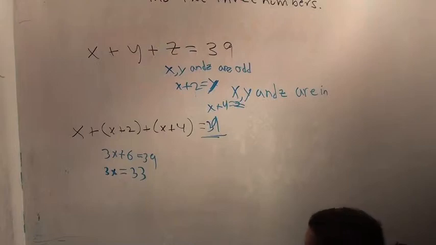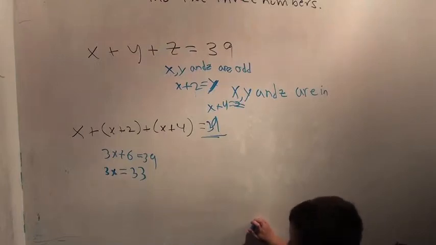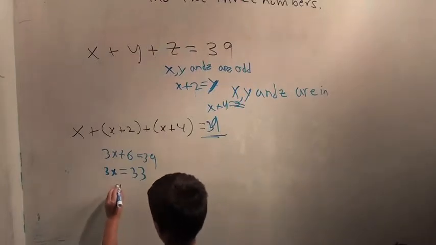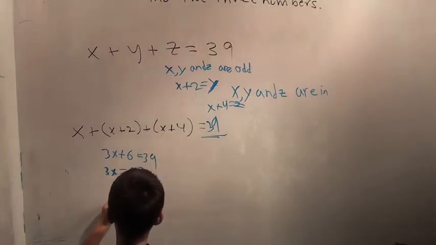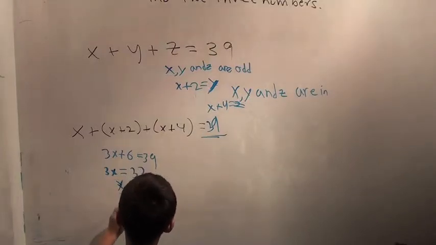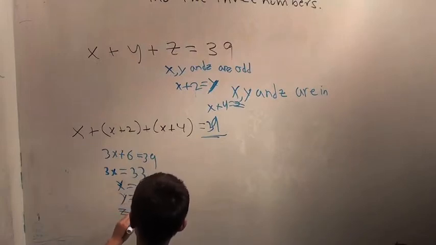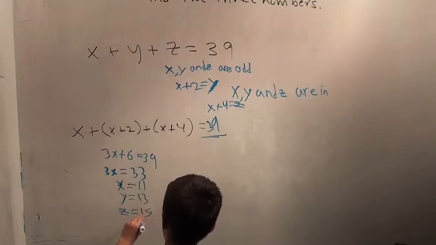Now 3x equals 33, that means x equals 11, and then y equals 13 and z equals 15.